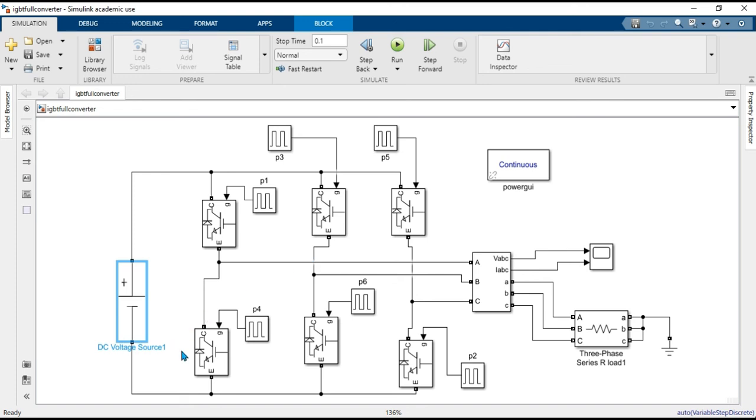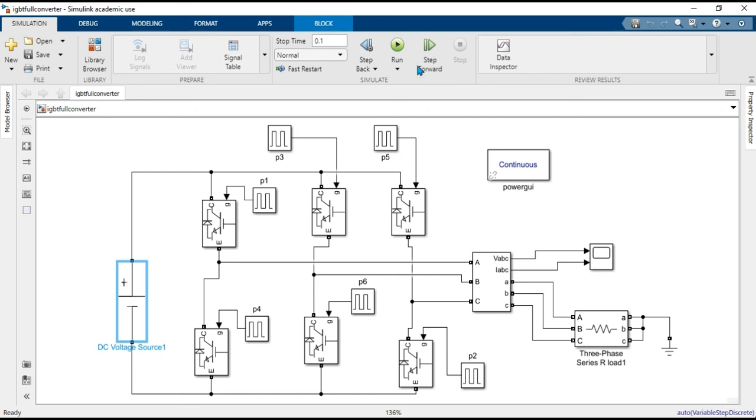Each combination should operate for 120 degree: thyristor number 1 and thyristor number 2 operate for 120 degree. Thyristor number 4 and thyristor number 3 will operate for 120 degree, and 5 and 6 will operate for 120 degree. Means each thyristor, each IGBT should operate for 60 degree.